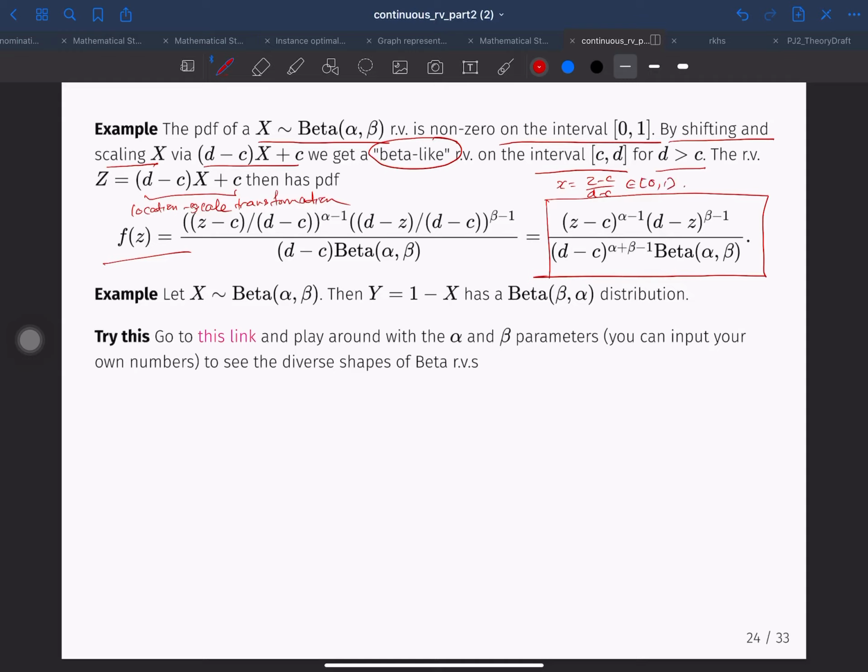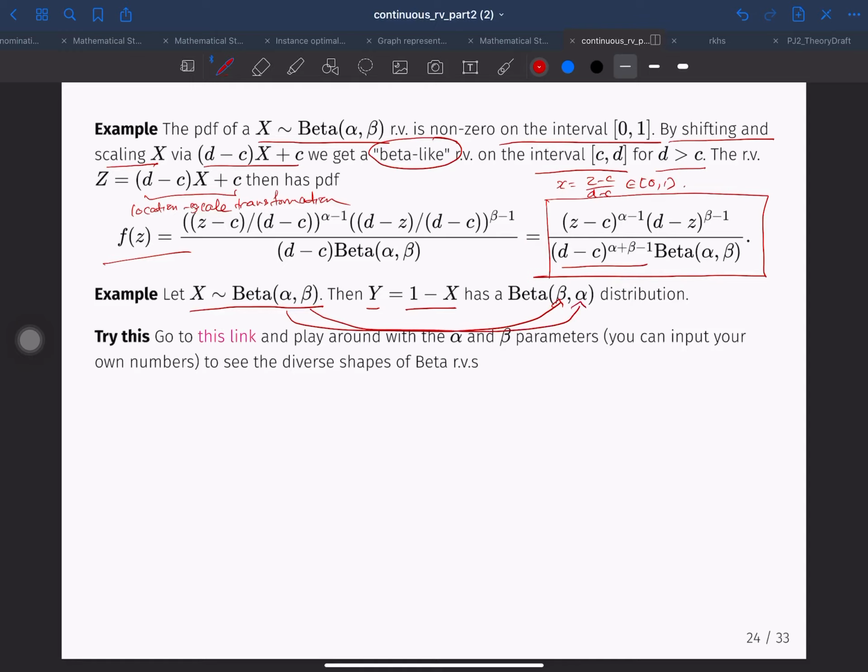So that's where you get this term here with a change of variable. So finally, if X is Beta(alpha, beta), then by getting Y, which is 1 minus X, you swap the parameters. So alpha becomes beta and beta becomes alpha.